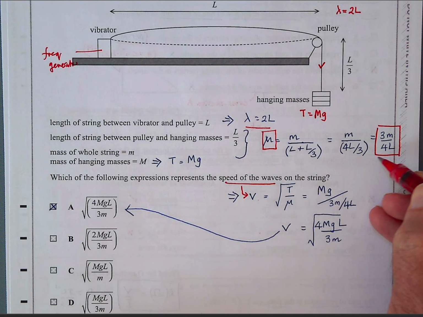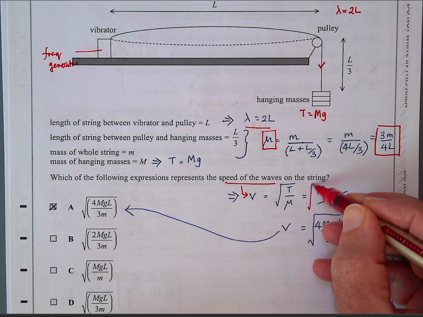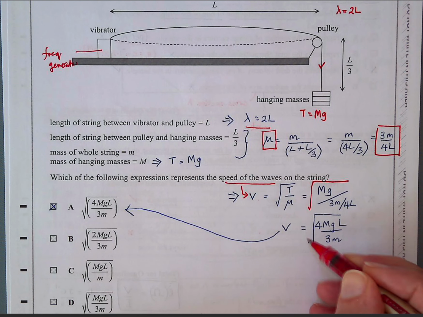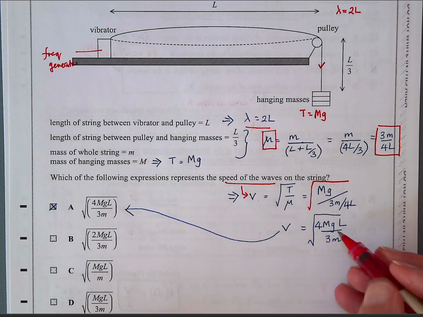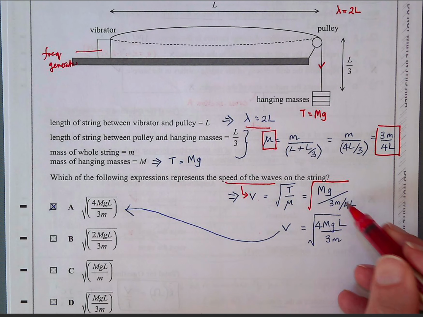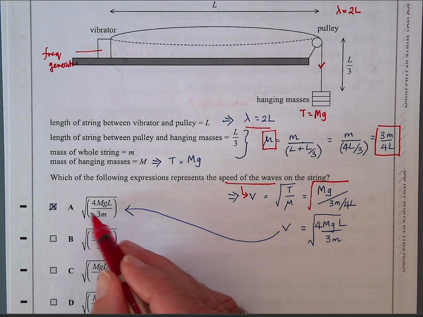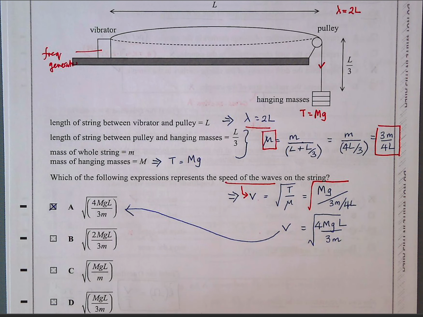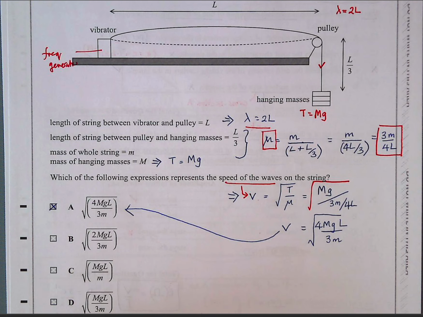So we put in the values from above. This should have a square root sign over it. Once you do that, you can just simplify it. The 4 goes to the top, the L goes to the top because it's a fraction over a fraction, and you'll see the only one is A. So a bit of algebra to get through that.